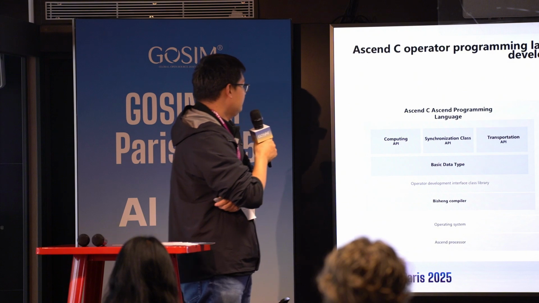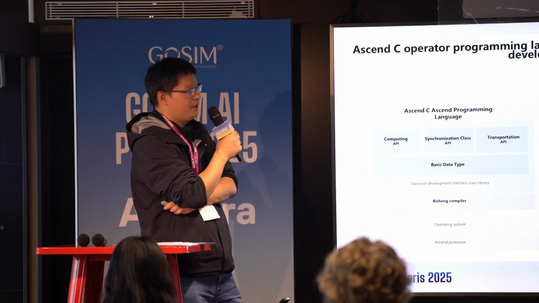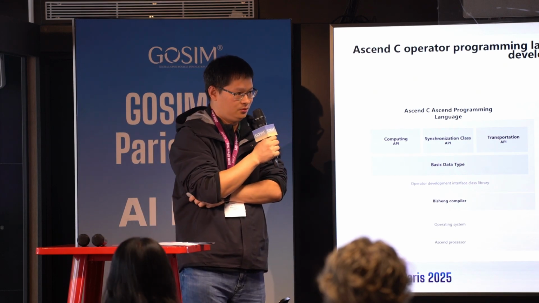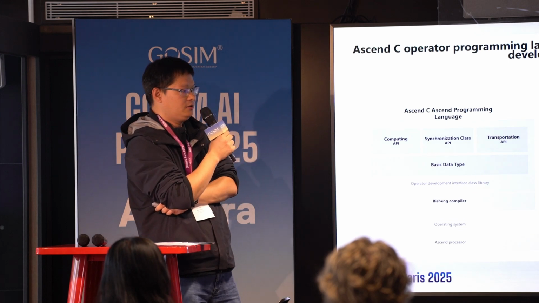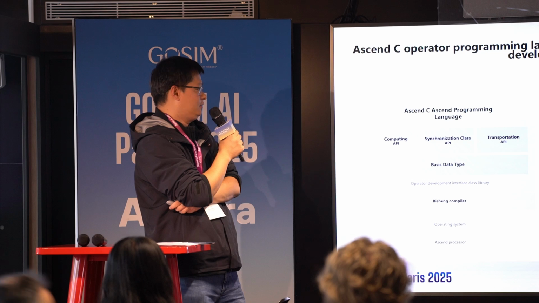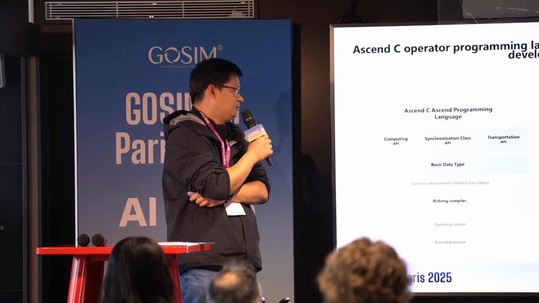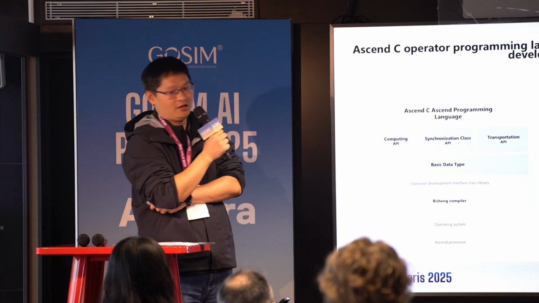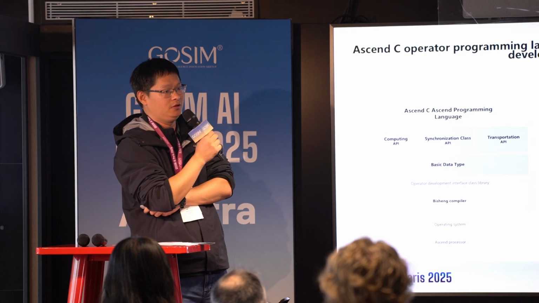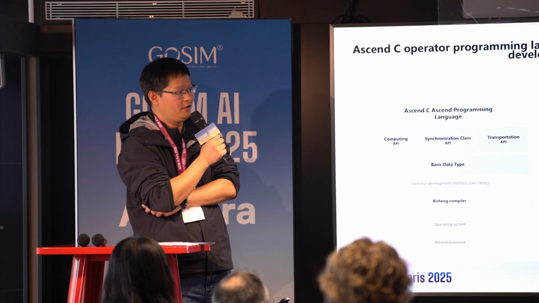The next one is the Ascend C or C++ operator programming language. This helps developers to write custom ops easily, just with C or C++ language. With this language, developers don't need to know the details of the NPU or the details of CANN.